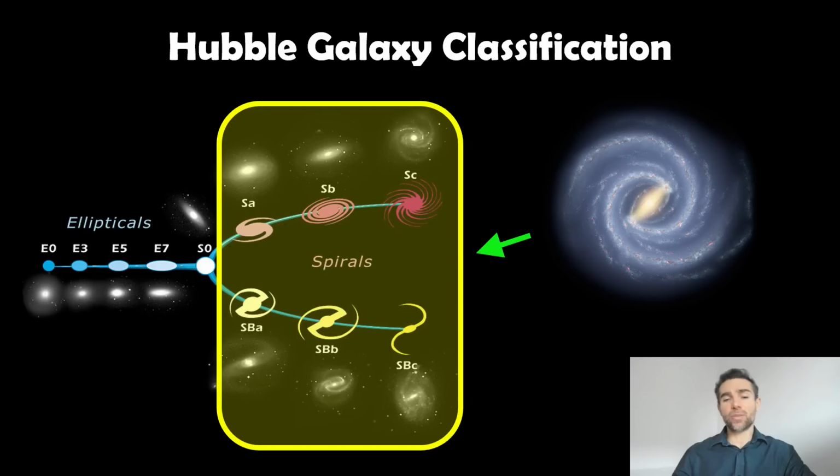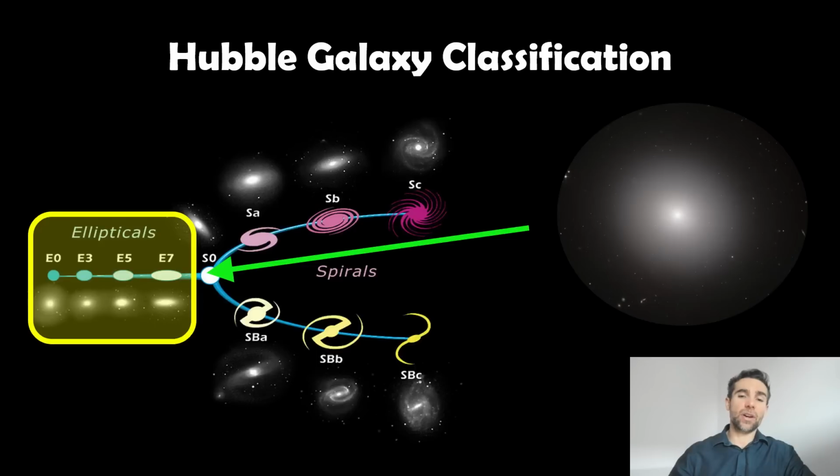And in the middle, sometimes there's an intermediate one where you've got weakly barred spiral galaxies. And then on the other side, you've essentially got your elliptical galaxies. So these are the two main types. Now, there are other sorts like irregular galaxies, peculiar galaxies, dwarf galaxies, all those sort of things, and also lenticulars. But the two main types are your spirals and your ellipticals.